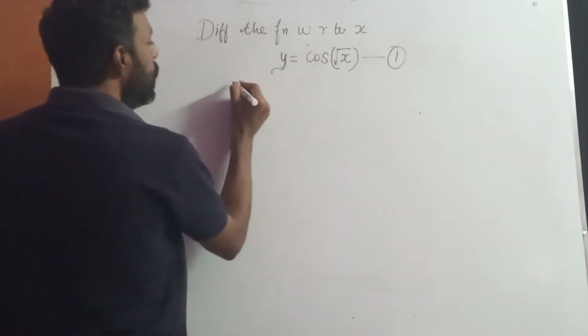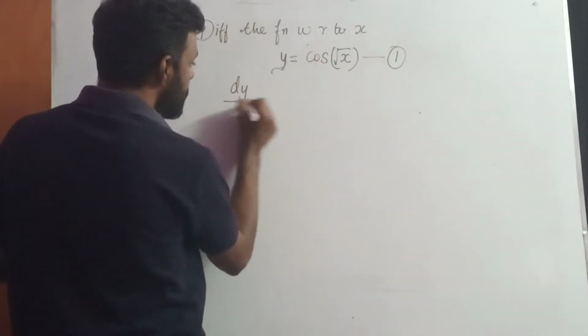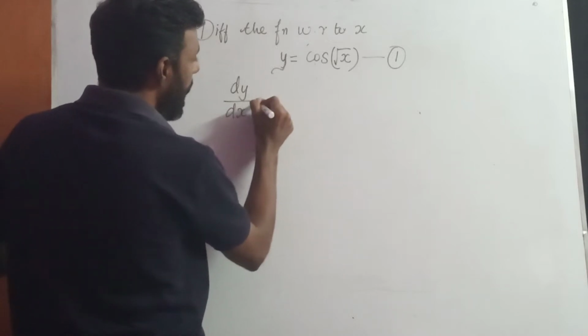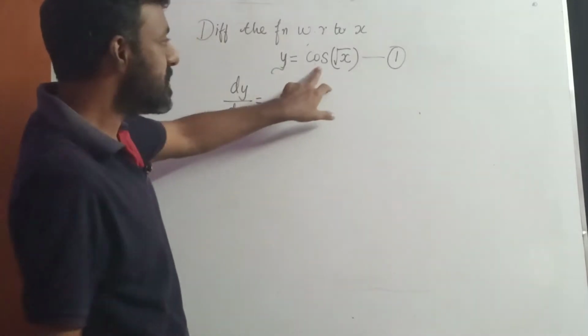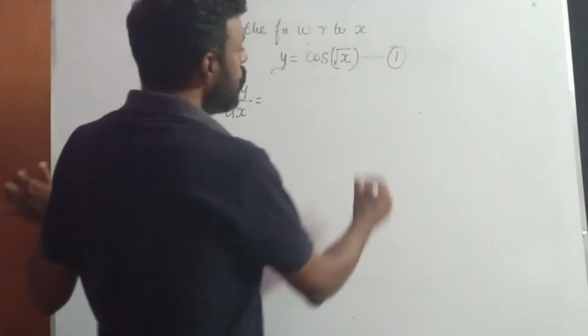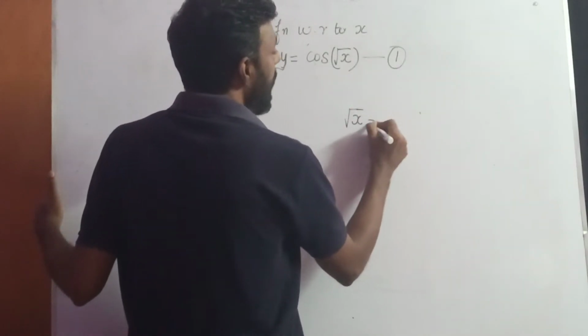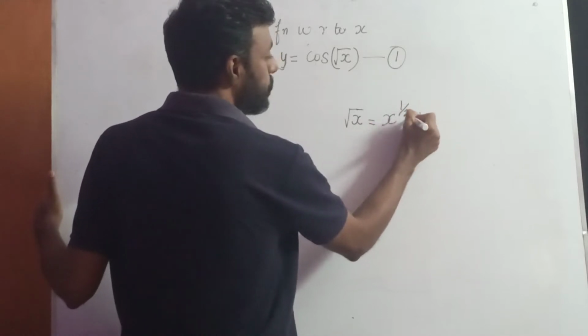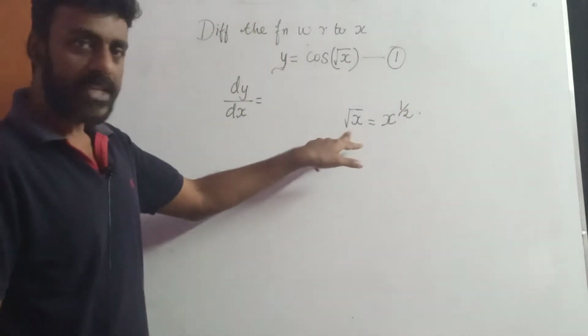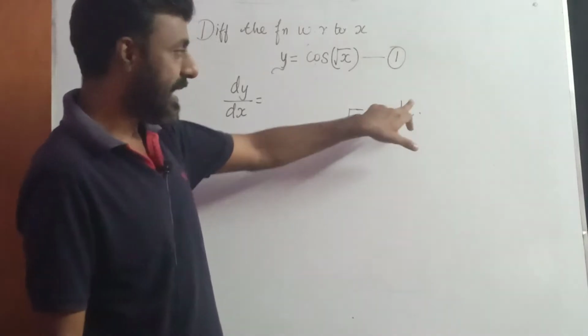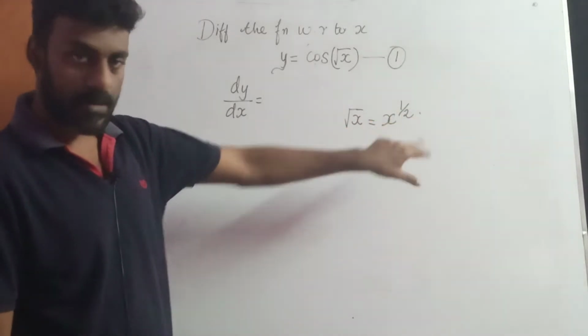Now I am going to find dy by dx. It is the derivative of cos root x. See, root x, in your lower classes you would have learned, is nothing but x to the power half. I can write root x, or I can also put it as x to the power half. Both remain the same.